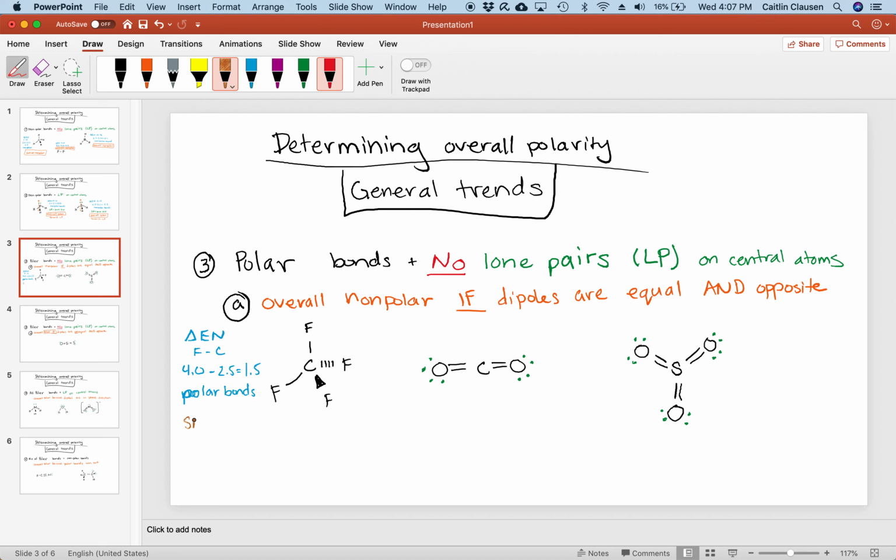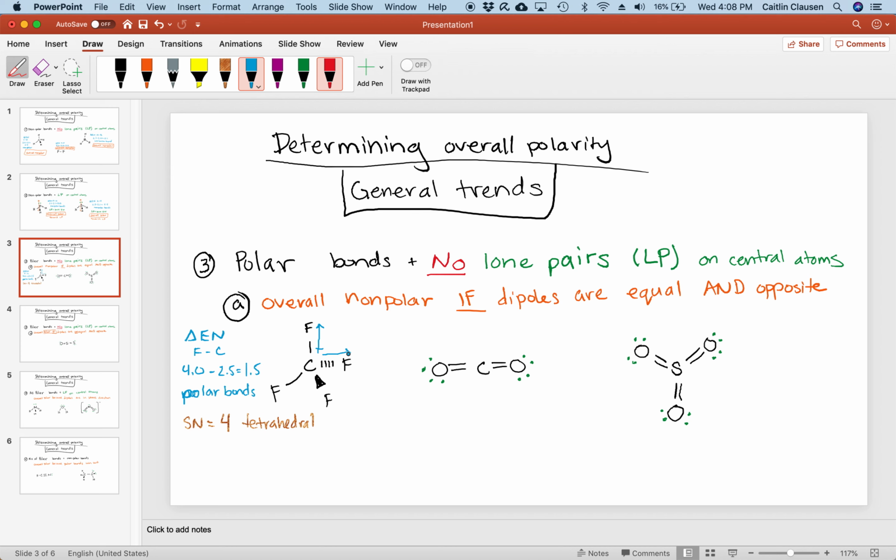I also want to determine the molecular shape. So the steric number here, I have 4 atoms bonded to carbon. Steric number of 4 tells me this is tetrahedral. They're all bonded atoms. Now I can write in my vectors. So they're all 1.5. They should be roughly the same length when I write them.